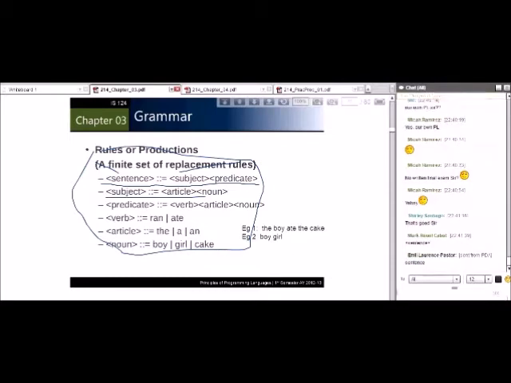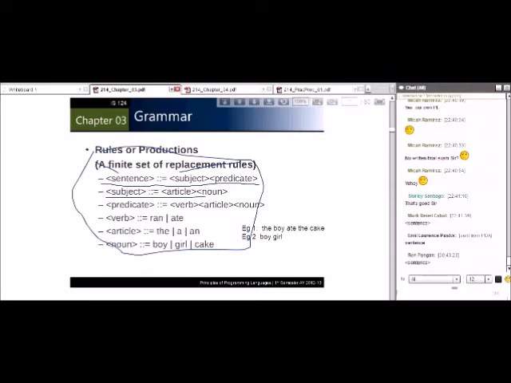Again, logically thinking, of course, it is the sentence. So let's put it here. Sentence. Okay, then sentence will produce subject and predicate. I'll add the lines later.